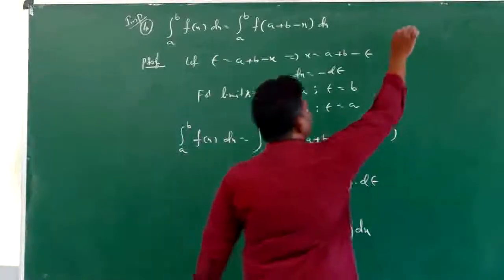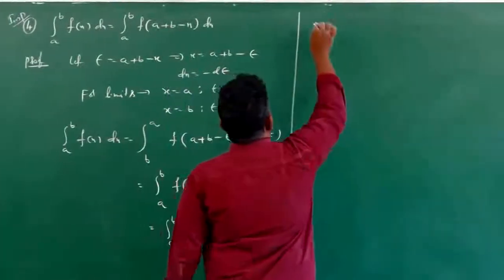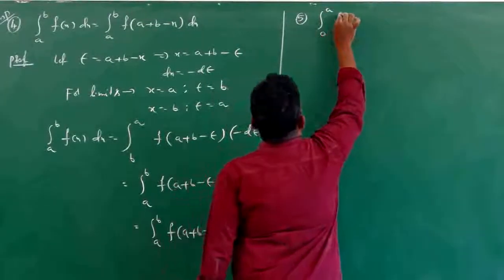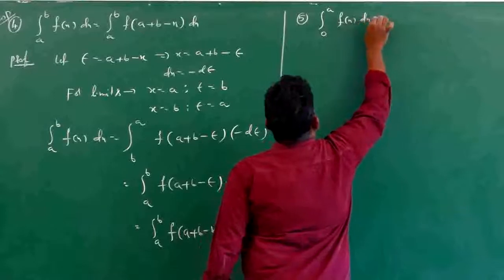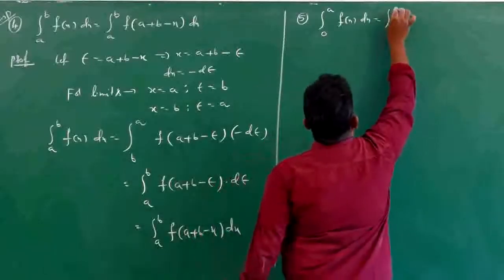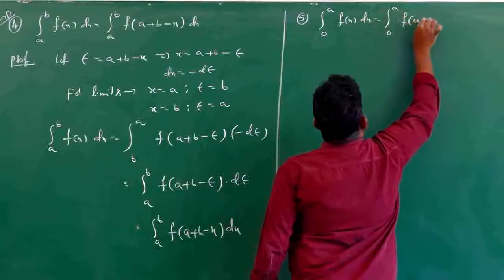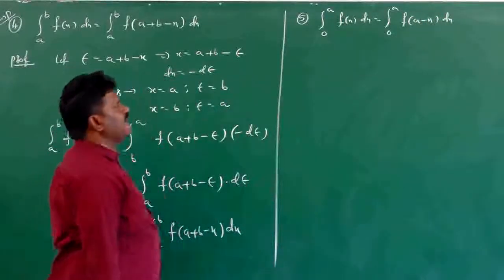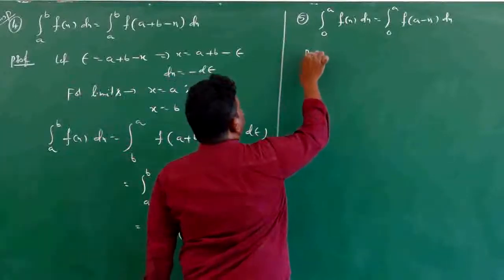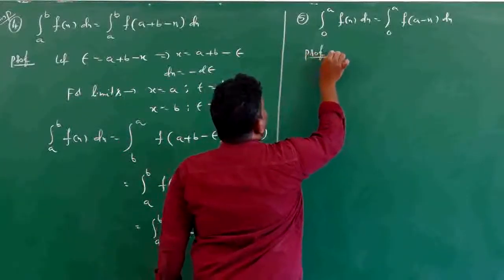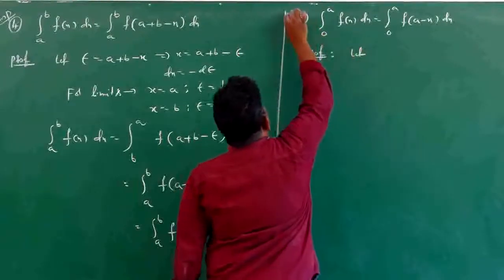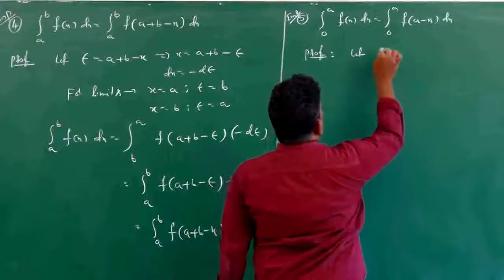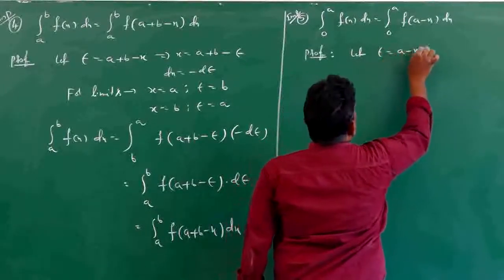Okay? Next, similarly the fifth property. Integral 0 to a f of x dx is equal to integral 0 to a f of a minus x dx. Now if you want to prove this one also, use substitution. This fifth one is also important. Let t is equal to a minus x.